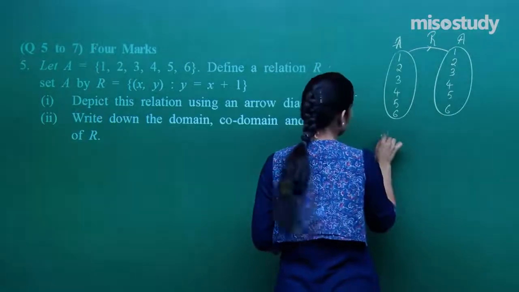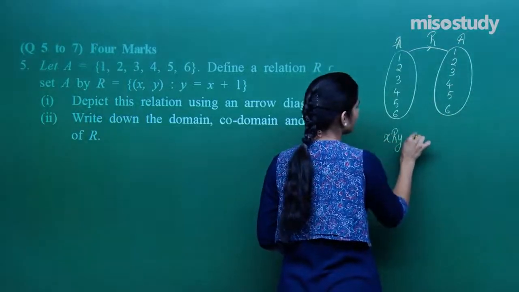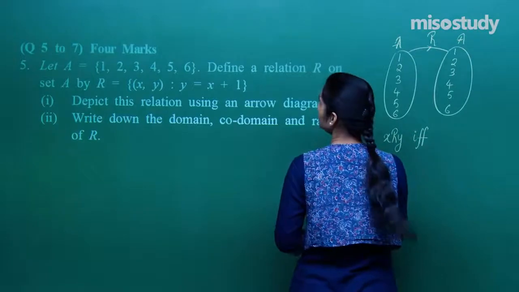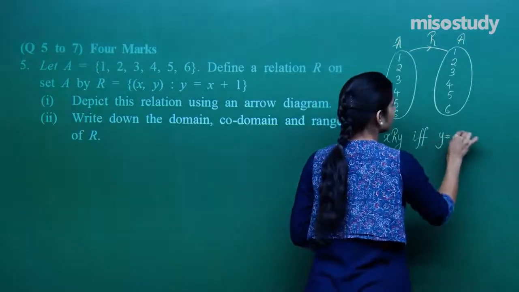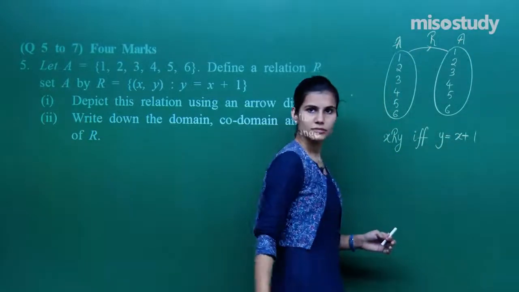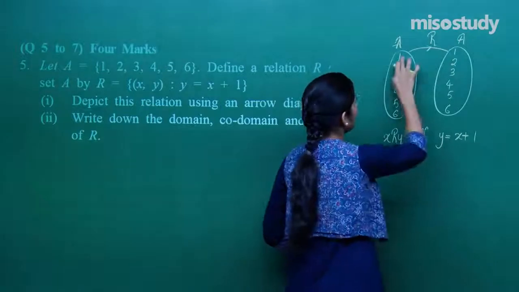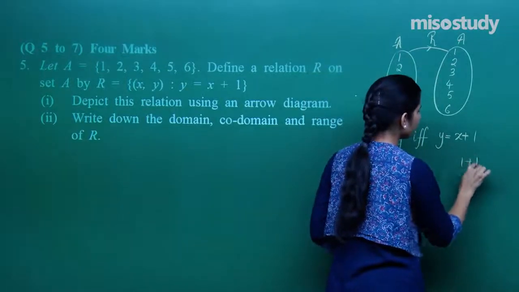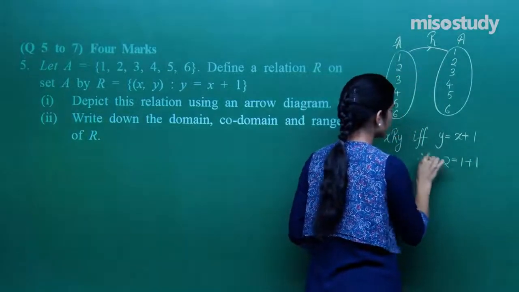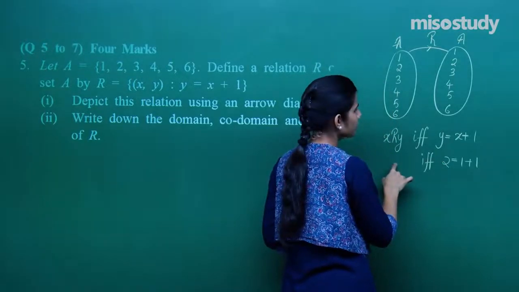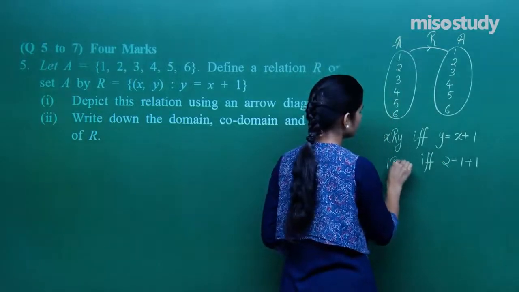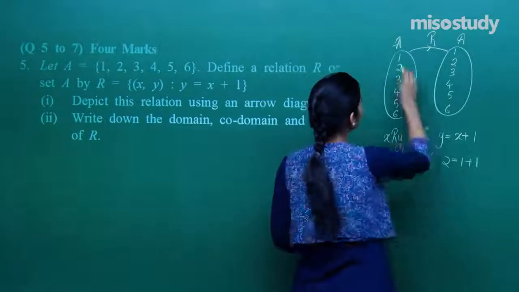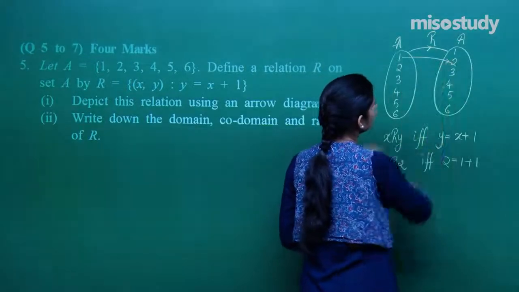Now you know that x is related to y under the relation R if and only if y is equal to x plus 1, right? Now x is equal to 1, 1 plus 1 is 2, that means what? 1 is related to 2 under R.